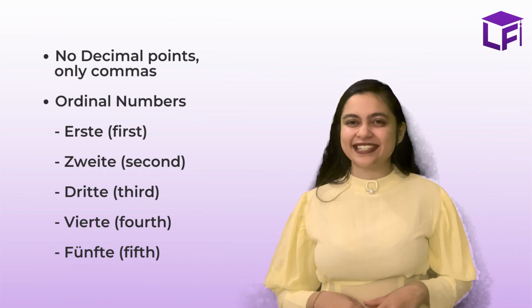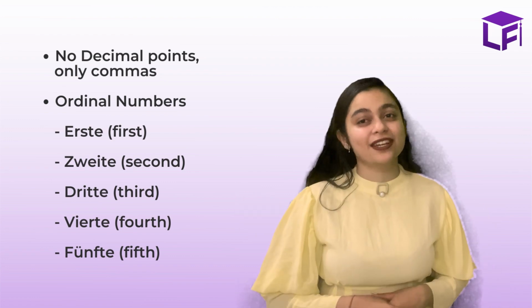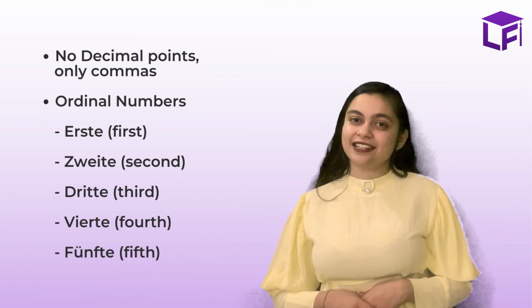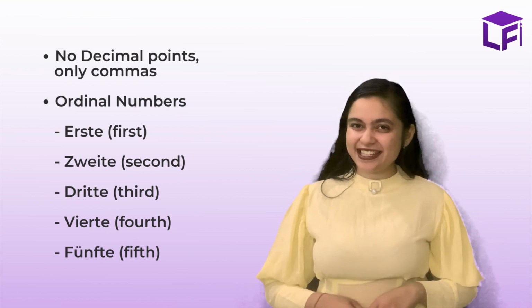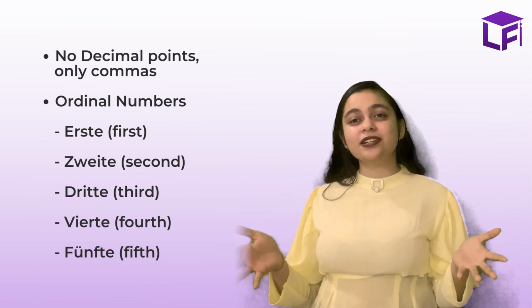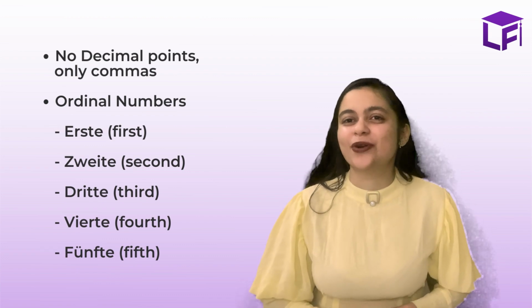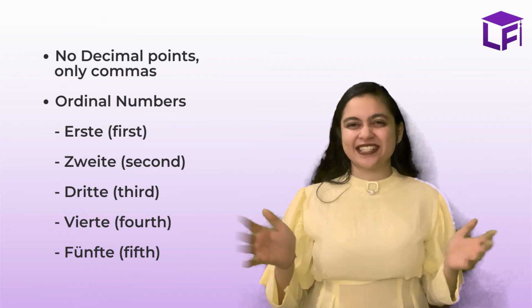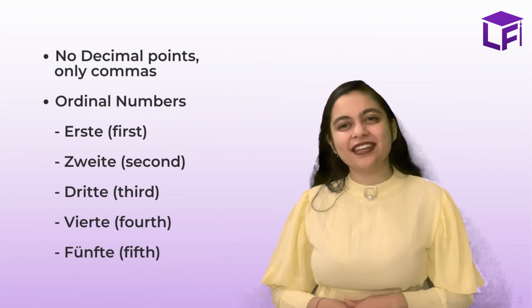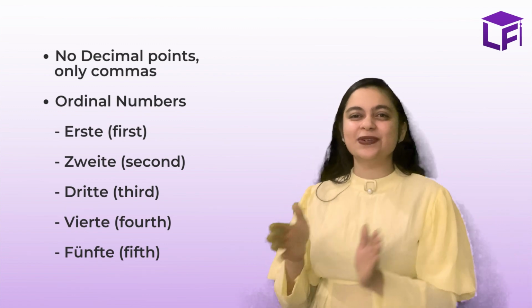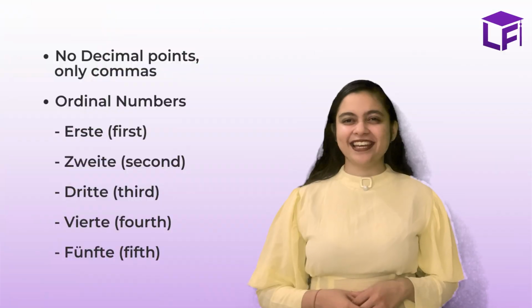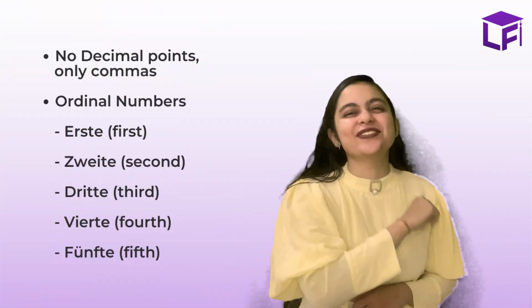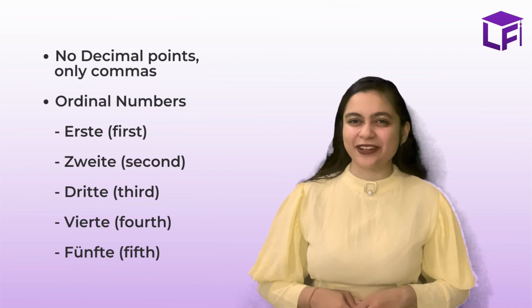Then we also know a very interesting fact that the decimals in German are nothing but a comma. Yes? We also know the ordinal numbers and we know a pretty cute and interesting rhyme just so we can memorize the numbers from 1 to 10. Alright guys. So now you know how to count your money in German language.